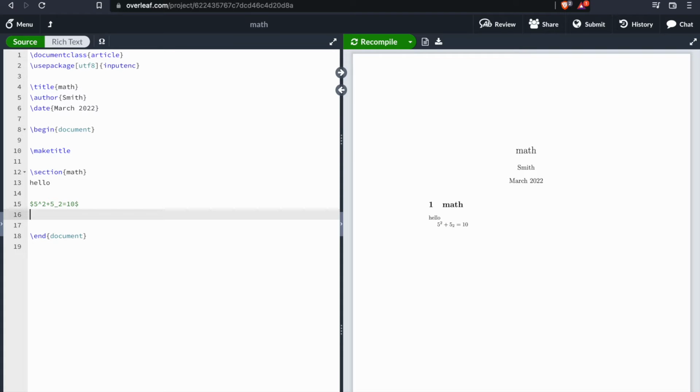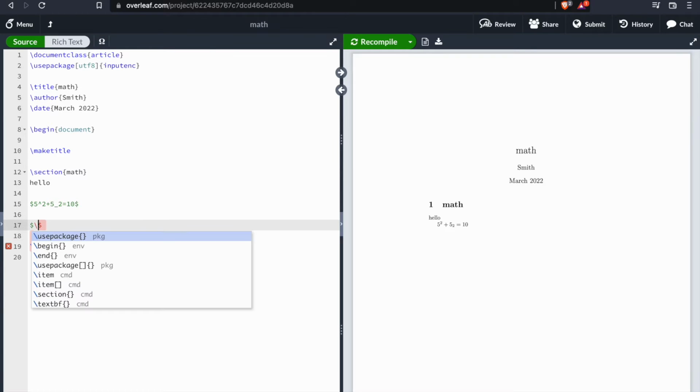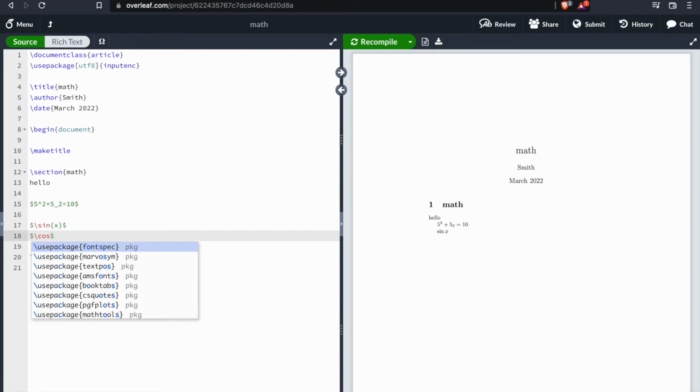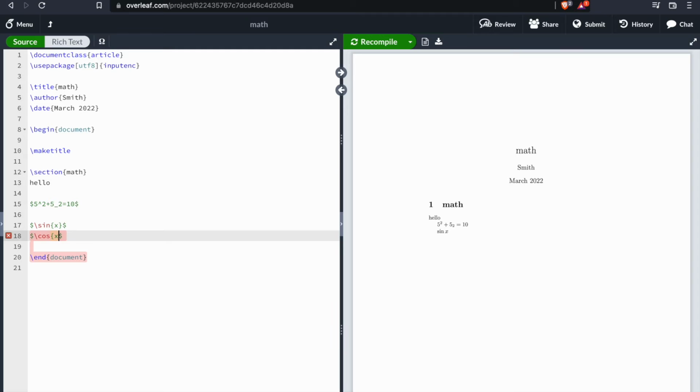So for now we can go over the trig function. So we get sine in bracket x. I use backslash for sine because that's how Overleaf reads it. And then the same thing can be said about cosine and tangent. So we do that.